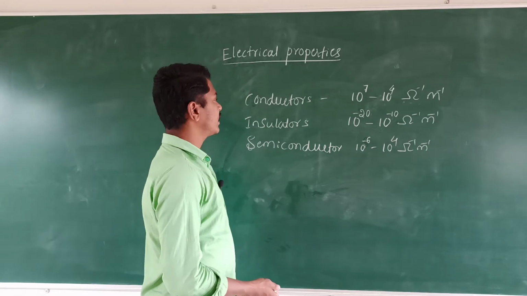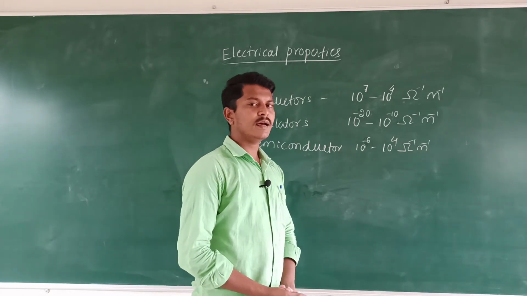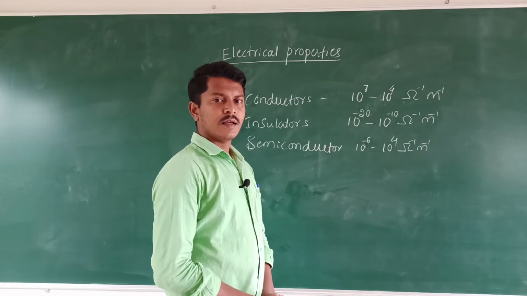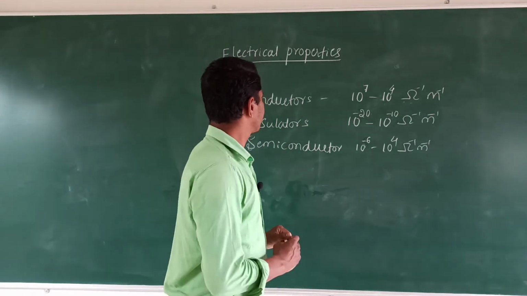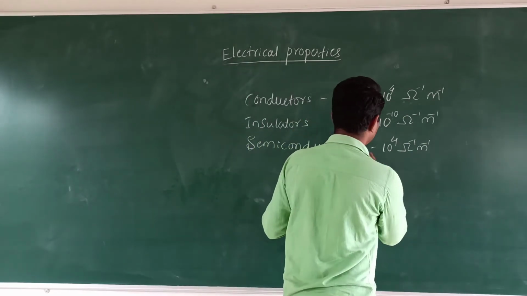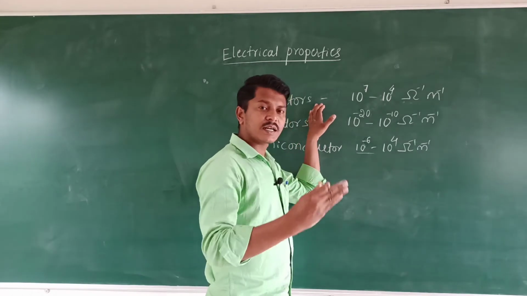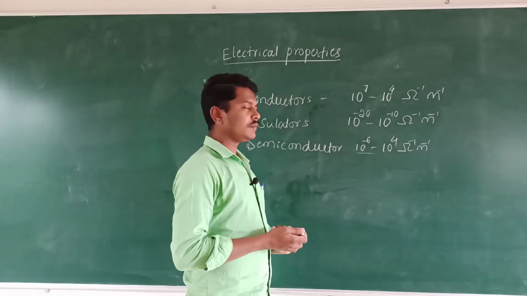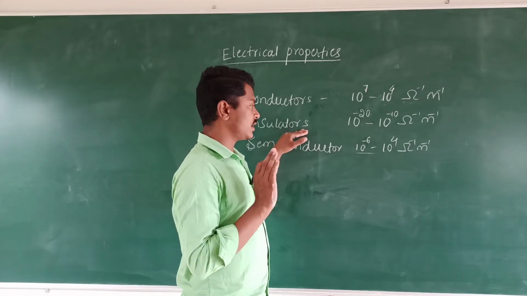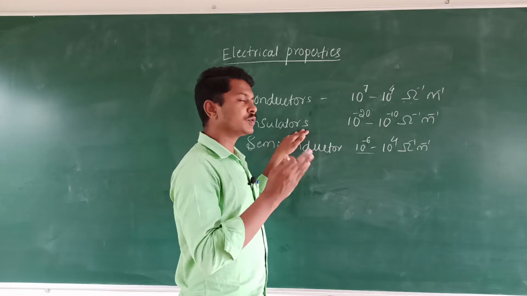On the basis of their conductivity, we classify conductors, insulators, and semiconductors. Conductor means the substance which conducts electricity through it. Insulator means the substance which does not allow electricity to pass through it.